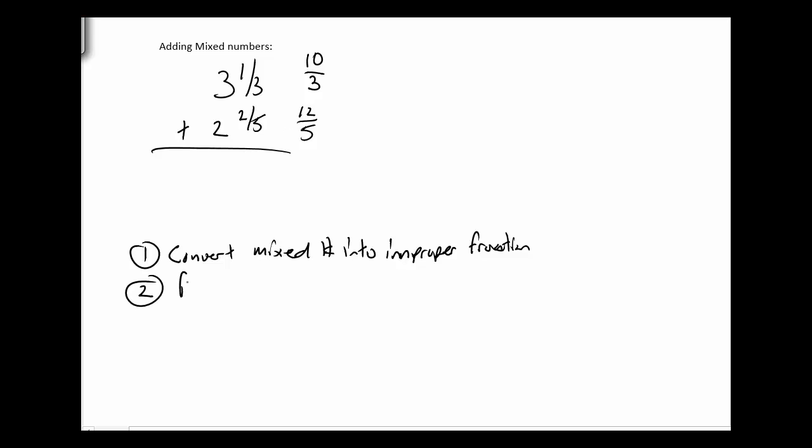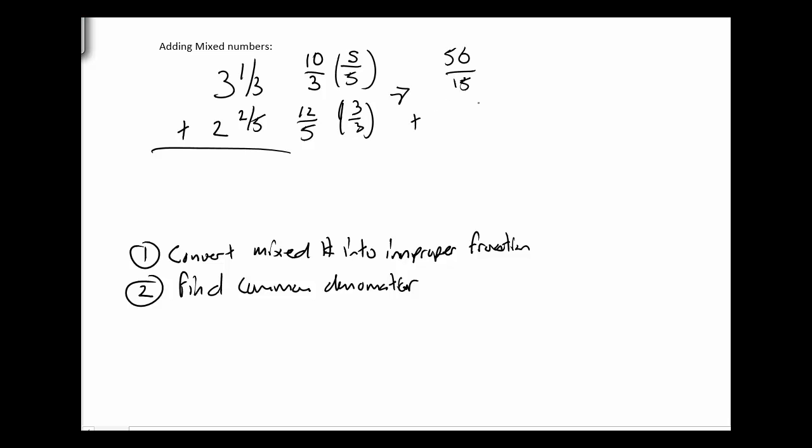Okay, then I want to find a common denominator. So I'll multiply that by 5 over 5, and we'll multiply that by 3 over 3. And so that's 50 over 15 plus, let's see, 36 over 15.